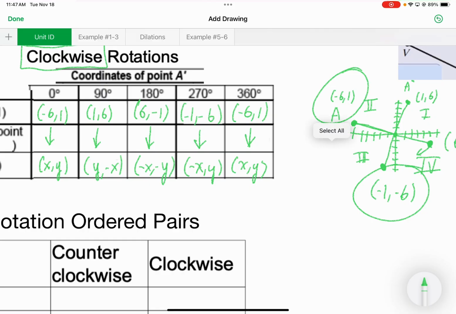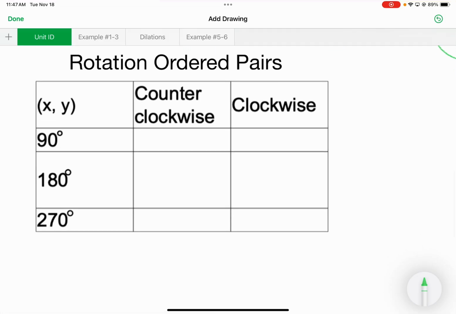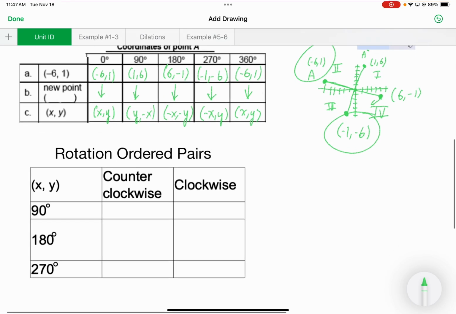All right, so then let's fill out this table down below. There are two directions with which we can rotate, counterclockwise and clockwise, okay? We just did the rules for the 3 clockwise rotations that we pay attention to. 0 and 360, nothing exciting happens. It just goes back to its original spot. So we focus on 90, 180, and 270. Let's rewrite the rules.